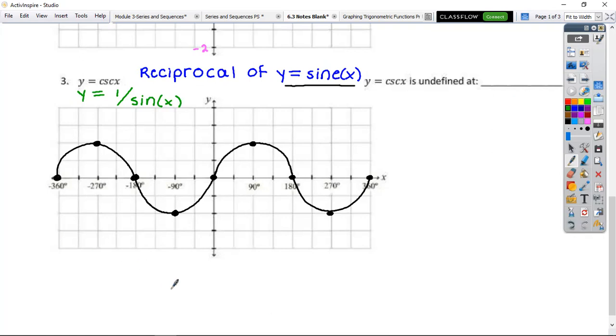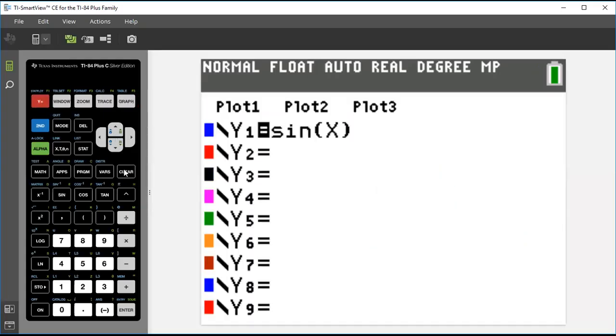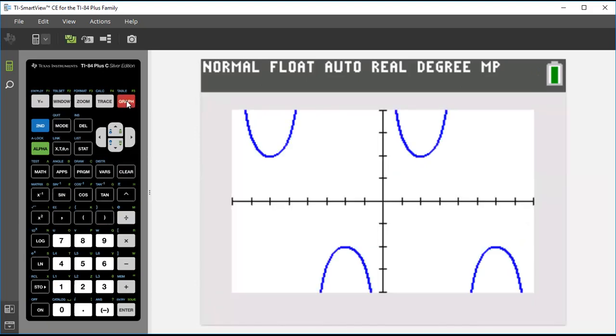So you're going to see how that translates into your graph here. So I'm going to go to my y equals, and I'm going to type in 1 divided by sine of x, and I'm going to hit graph. Everyone get this image? Okay.